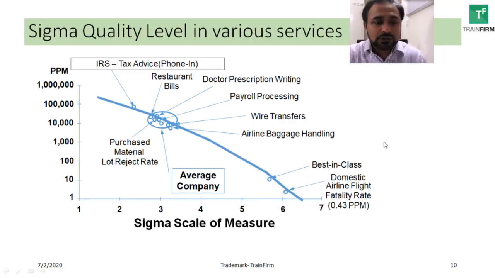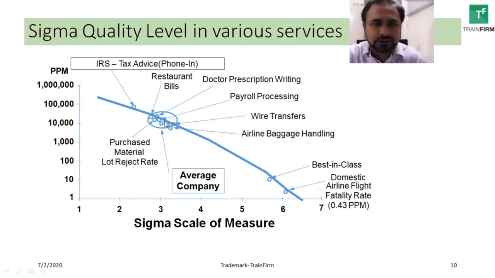Now let's look at some of the industries and what levels they are working at. Okay, so the airline industry, domestic, you see that there are no fatalities, no crashes every now and then, so they operate at best in class, probably at Six Sigma levels or over. Whereas all these industries, doctors' prescriptions, airline baggage handling, are prone to errors. They operate at say 3 Sigma levels, right?